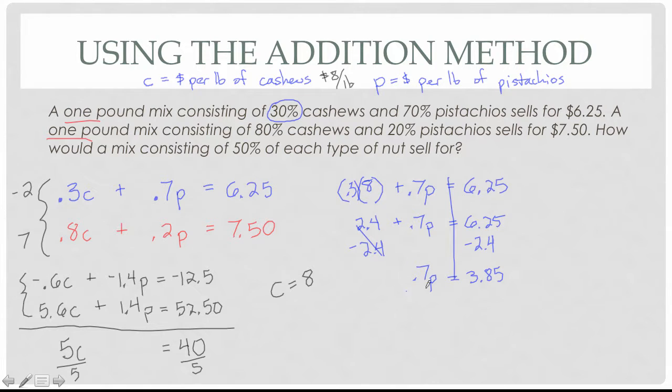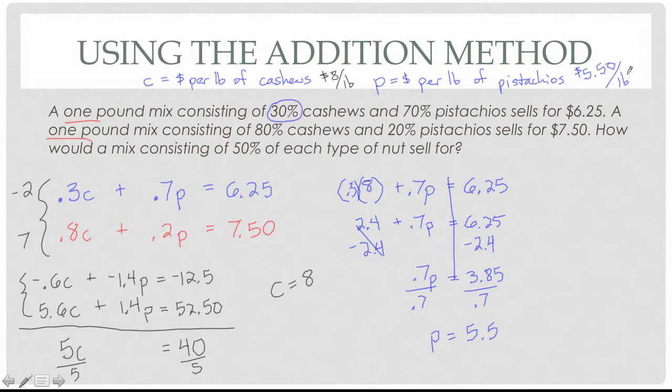And now let's divide both sides by 0.7. All right, I get P equals 5.5. So what can we take from that? P is the price per pound, so it is $5.50 per pound for pistachios.